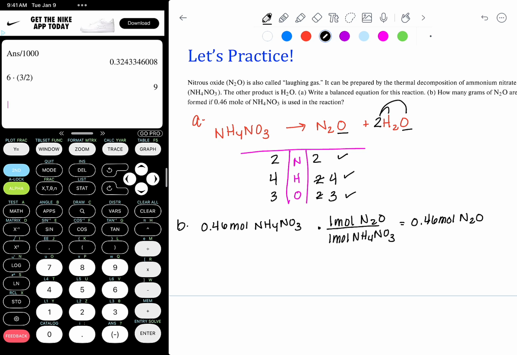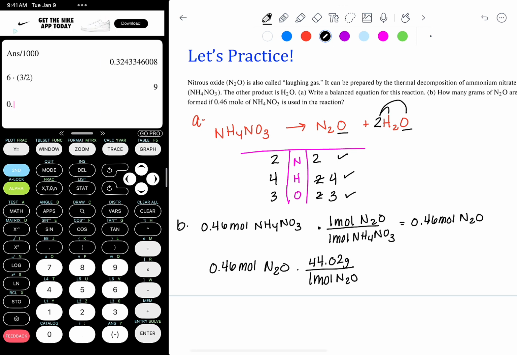Now that we have moles of N2O, we just have to convert it to grams using its molar mass. So 0.46 moles of N2O, well, 1 mole of N2O has a molar mass of 44.02 grams.